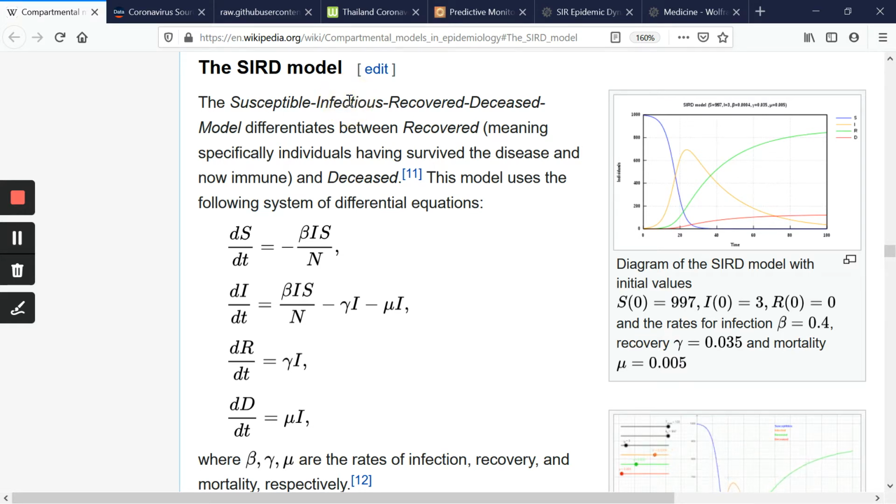The second group is called the infectious. That means people who are already infected, are currently infected, and therefore are active spreaders of the disease. Okay. Finally, the third group is called recovered. These people were previously infected, but they have since become cured.